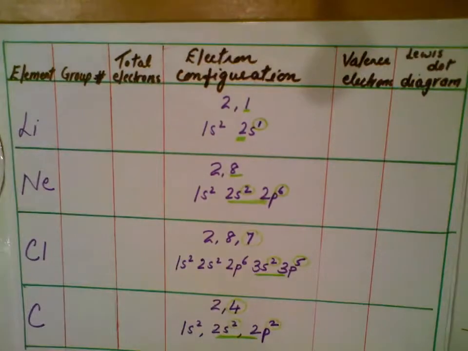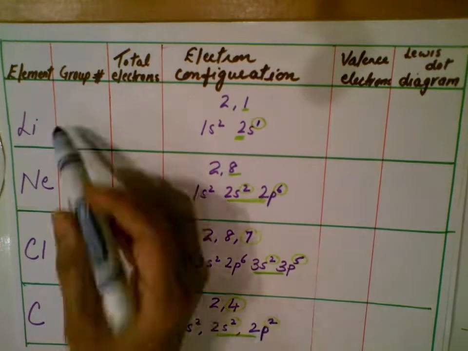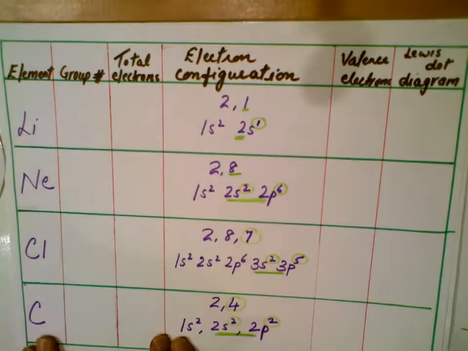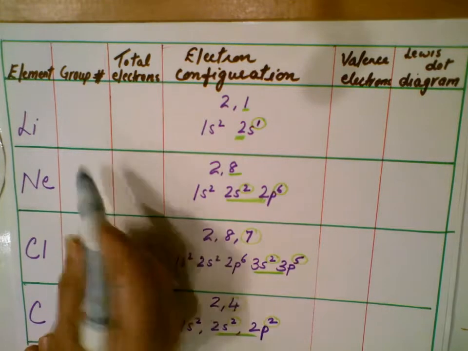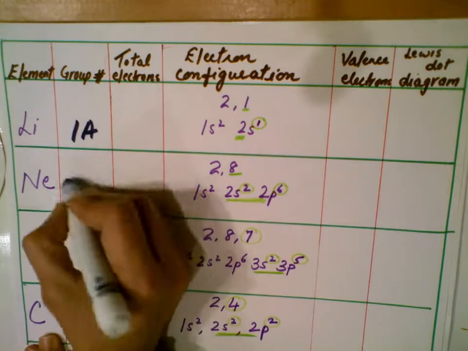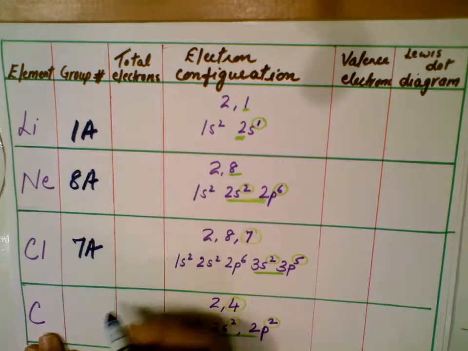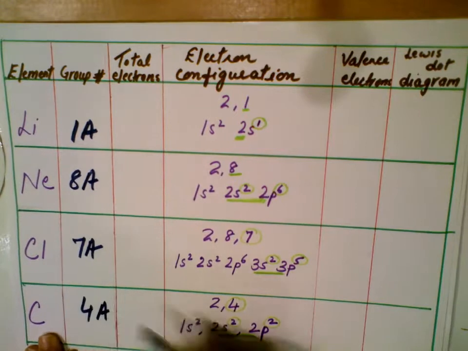Okay. Let's work on this chart. You have these elements from periodic table: lithium, neon, chlorine, and carbon. When you look at their group numbers, lithium belongs to group 1A, neon belongs to group 8A, chlorine belongs to group 7A, and carbon belongs to group 4A.